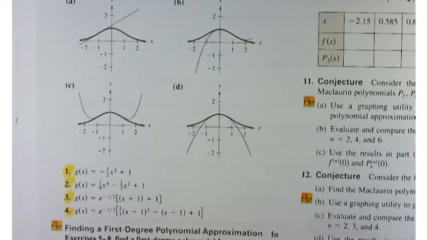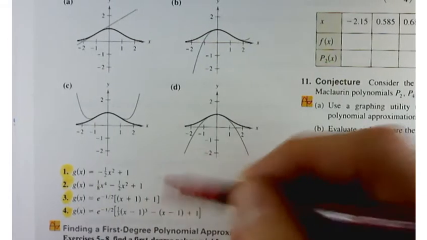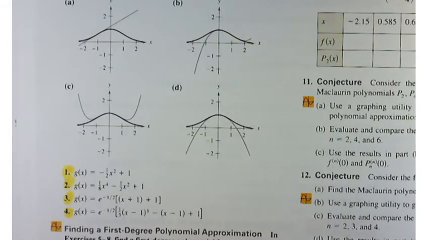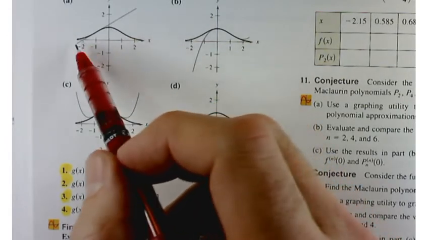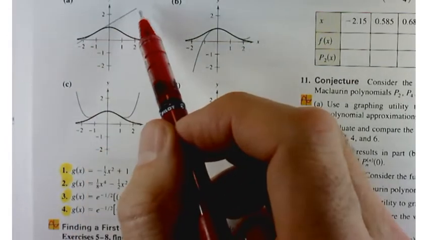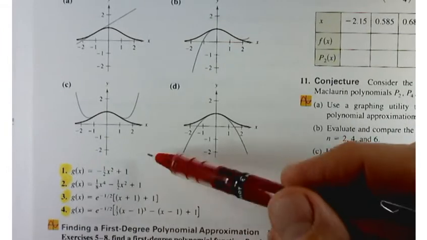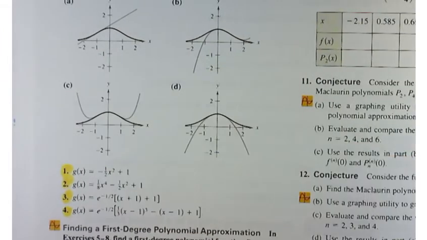And we want to approximate it with a polynomial. So we've got a bunch of different polynomials here, and let's see if we can't match them up. Some of them are better approximations than others. In particular, right here, that's a straight line. And if you look amongst your choices, only one of them is a linear polynomial.